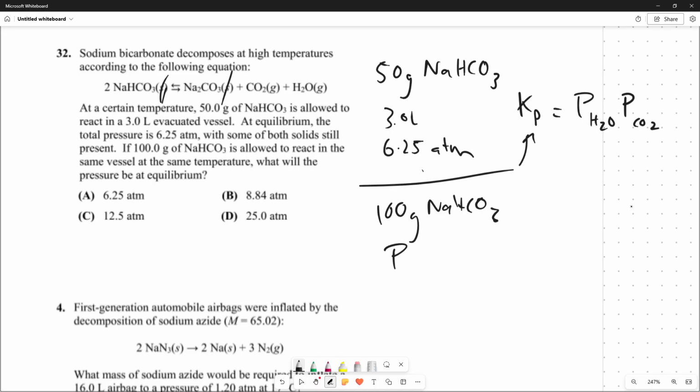And the only two things that affect it are the pressure of H2O and the pressure of CO2. So since those two things are the only things that affect the Kp, adding 100 grams of NaHCO3 is not going to change the total pressure. So it'll just stay at 6.25. Yeah, so there's no point in even doing any of this.